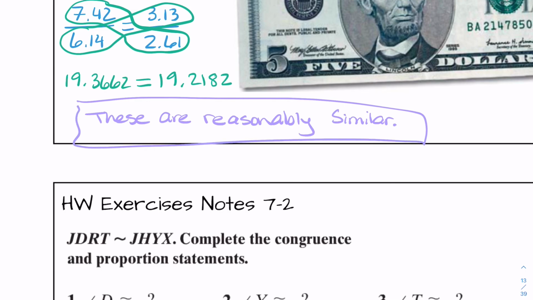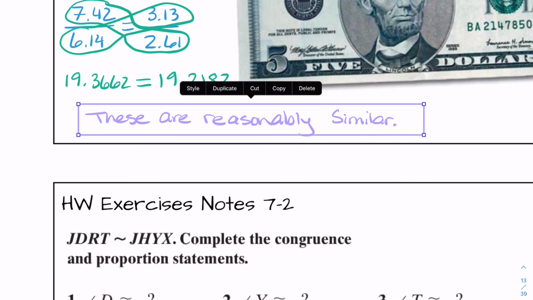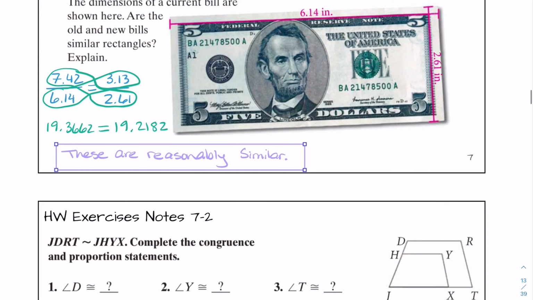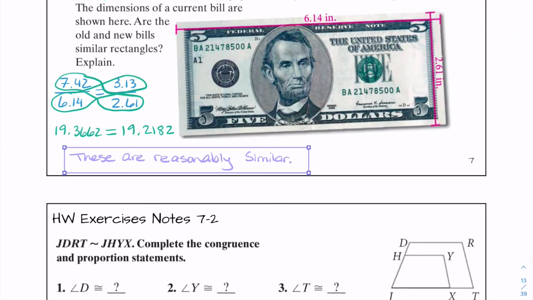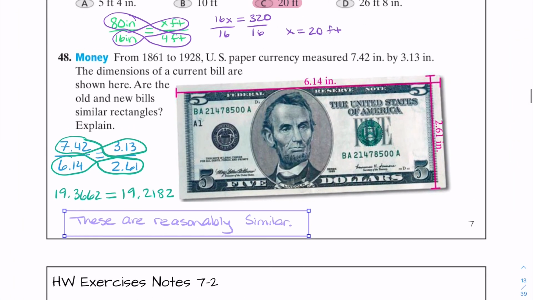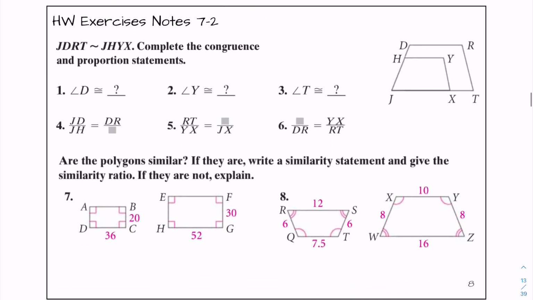Again, rounding is going to take effect. I think they shrunk the bill down exactly in proportion, and they had a similar rectangle. Okay, we'll start these in class. Good luck on your IXL.